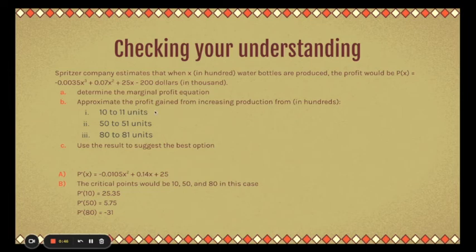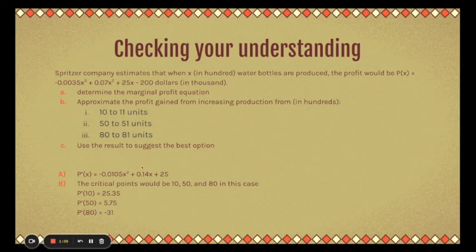This is all in hundreds. So we plug in all these numbers, 10, 50, and 80, into the derived P(x). It will give us 25.35, 5.75, and negative 31 respectively.